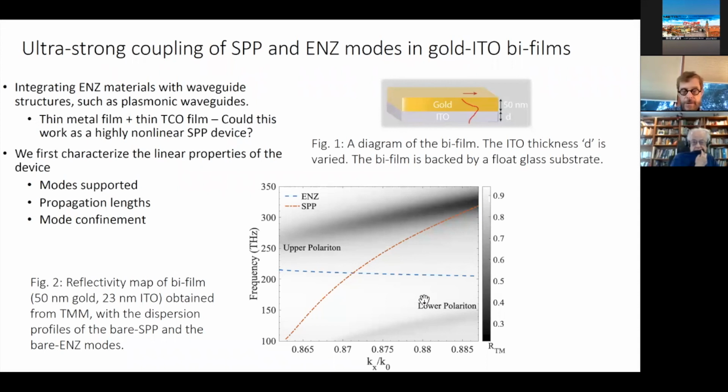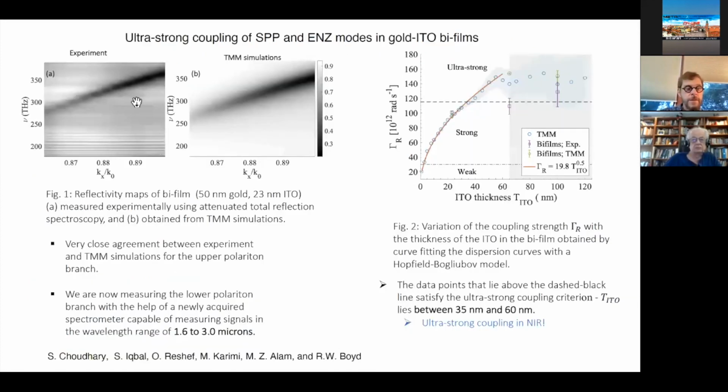Here's the upper polariton, here's the lower polariton. In our laboratory work, we just now got an infrared spectrometer. So we have data for this polariton, but not for this polariton. And the experiment and the numerical simulations agree very well with one another.